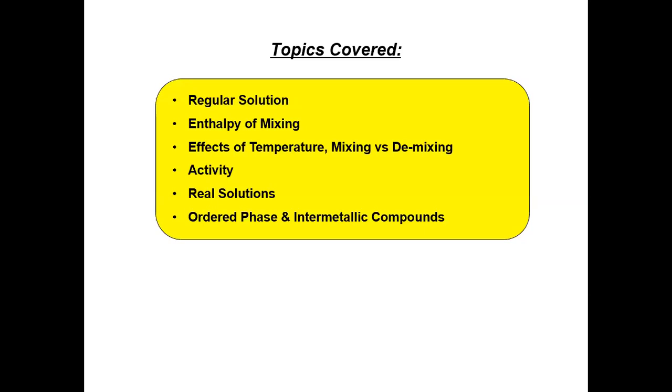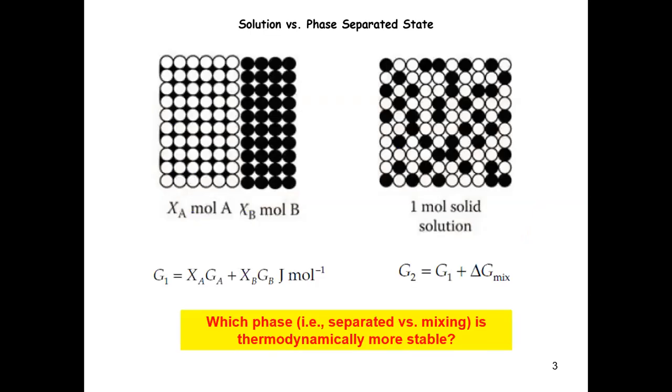But we're also going to point out the qualitative insights that we learn from this model that can be applied to real solutions. And then we're going to talk about some alloy phases and intermetallic compounds, which are typically seen in real solutions, which we do not consider in our model. So that's the plan for this.